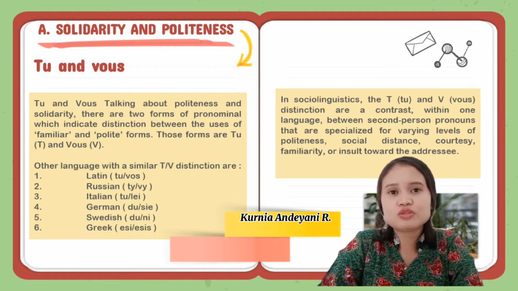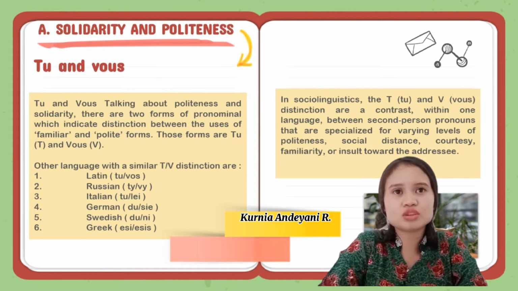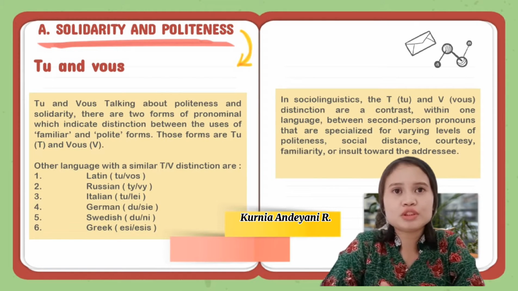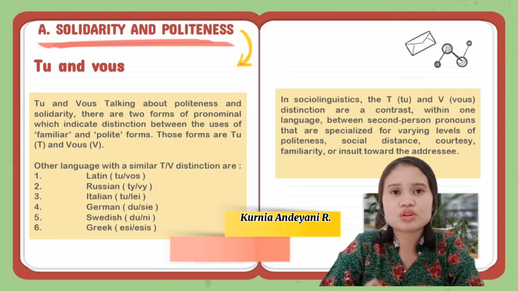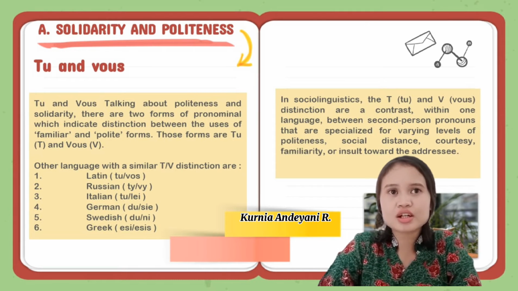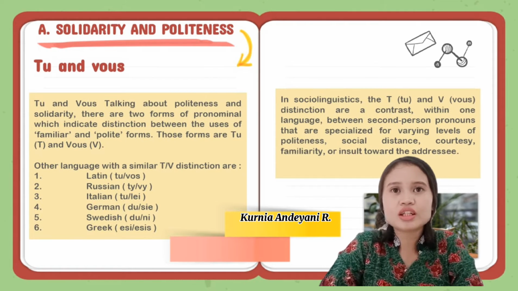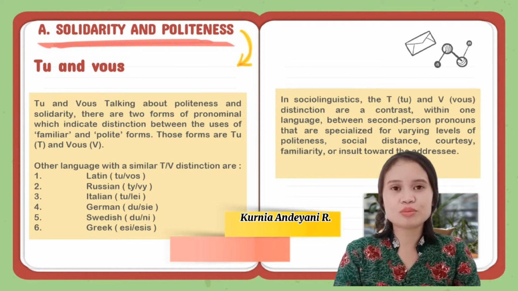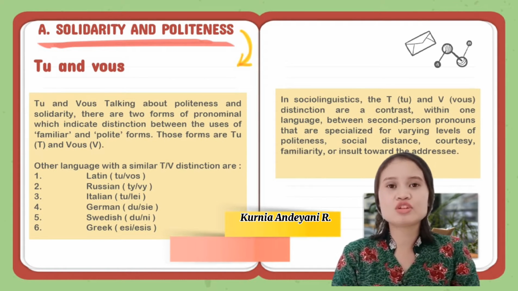In sociolinguistics, T and V distinctions are a contrast within one language between second person pronouns that are specialized for varying levels of politeness, social distance, courtesy, familiarity, or insult towards the addressee. Okay, I think that's enough for me, and for the next, I will continue by Jumarlina and Dhea Shalsabila.